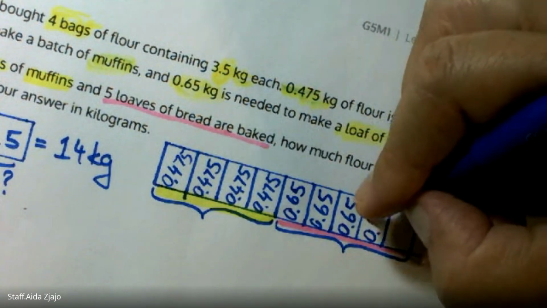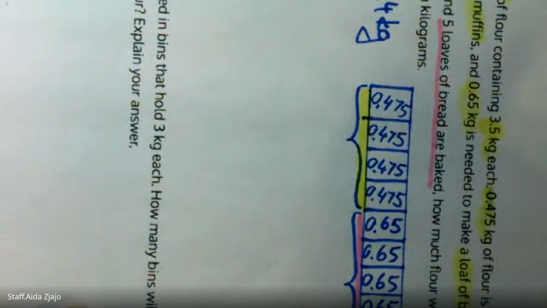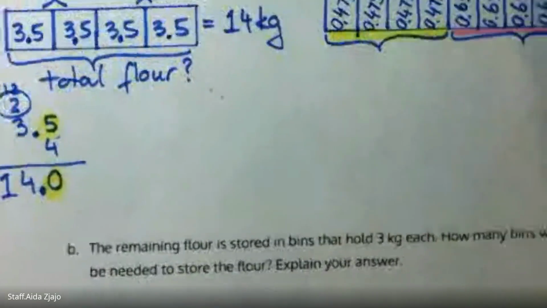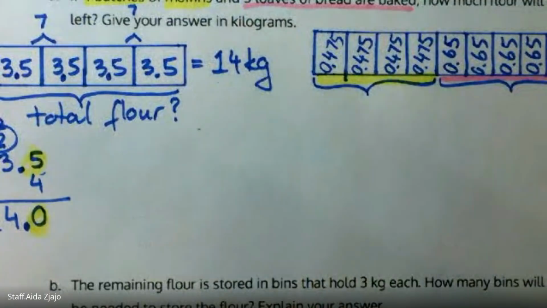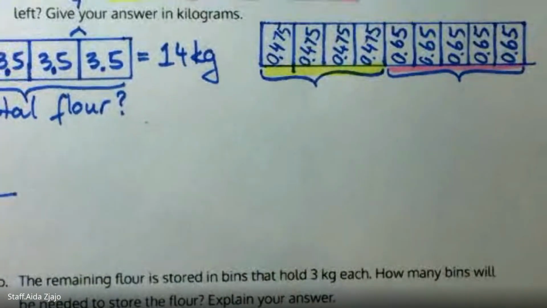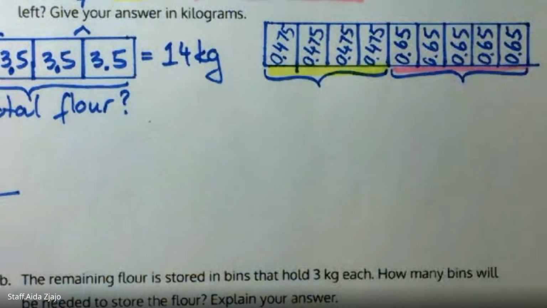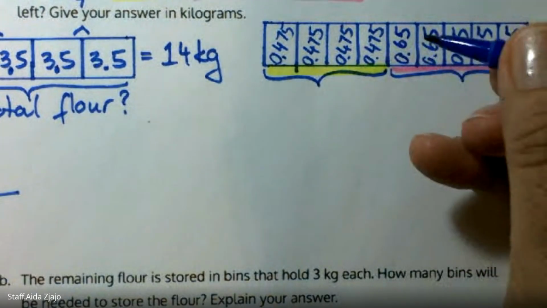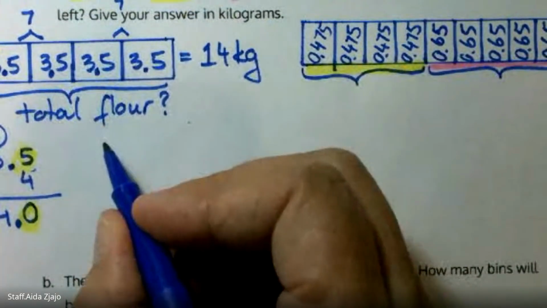Okay, so now guys, you have a choice. If you are secure in addition, you can simply add these and you will have the correct answer for how much flour he used. Multiplication is multiple addition, but if we are practicing the standard algorithm, let's do that.